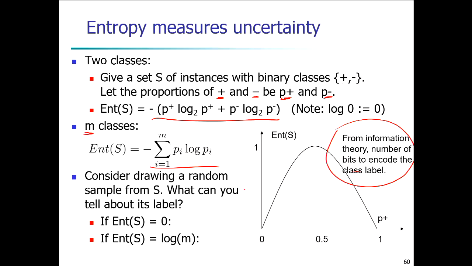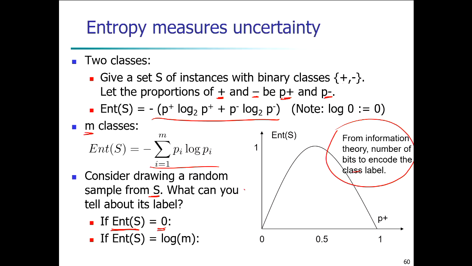So if entropy is large, for example, if we think about a set of instances that only has 2 labels, plus or minus, and I tell you that the entropy is actually 0, or very close to 0, this means there is very little uncertainty in this set of instances S. You can almost think about it as if I randomly draw one sample from S, and S is a bunch of balls in a box.